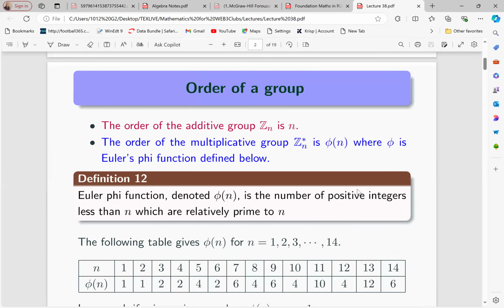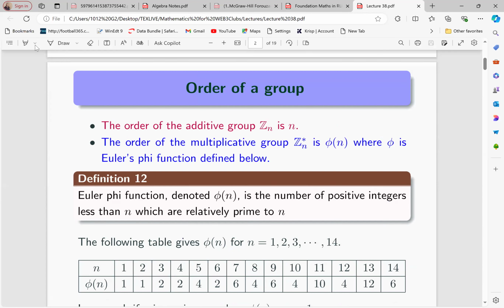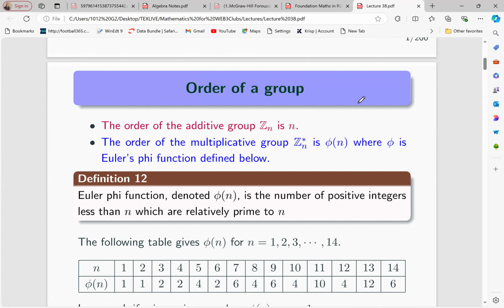Now we talked of two types of groups that we have. We have the additive group and the multiplicative group. An example of an additive group is the group of integers mod n, which we write this way.